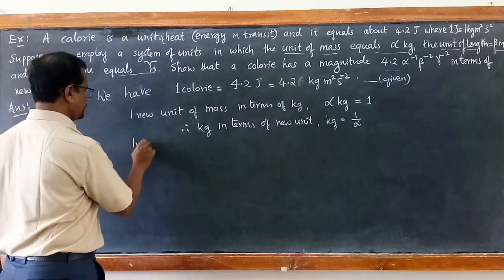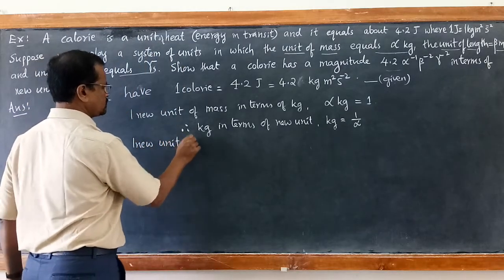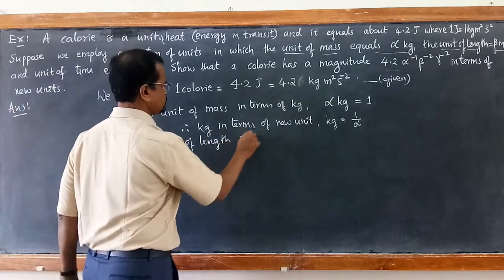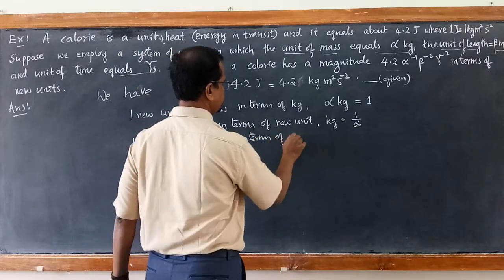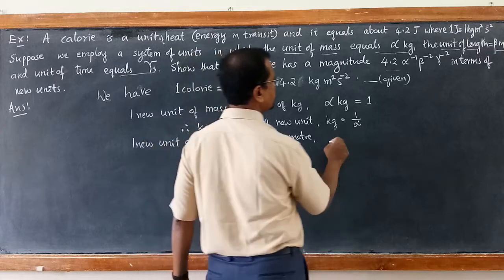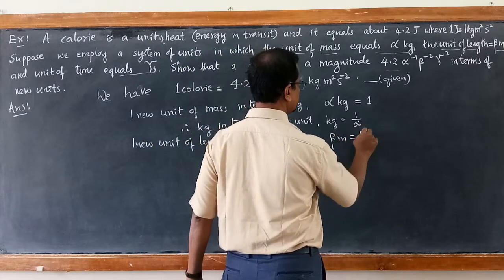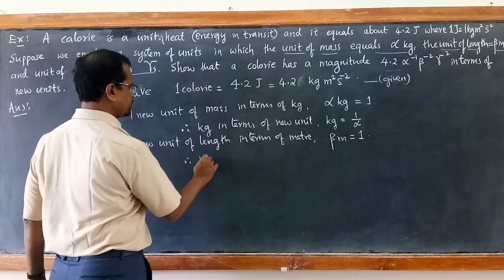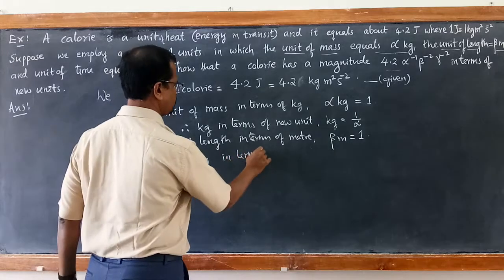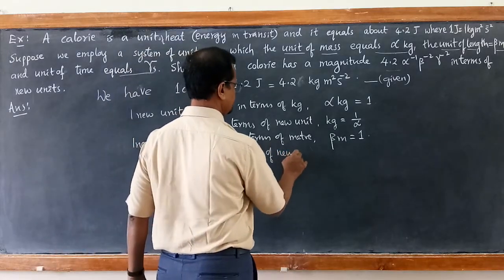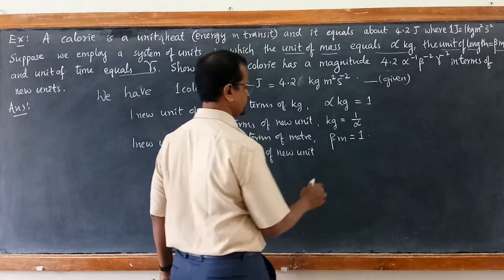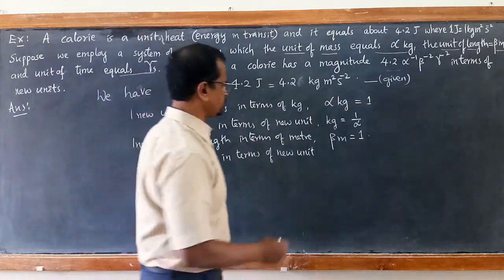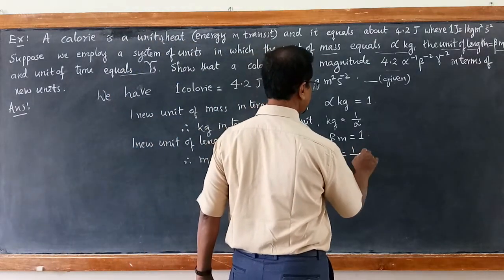Similarly, one new unit of length in terms of meter is given: beta meter is equal to 1. Therefore, meter in terms of new unit becomes 1 by beta.